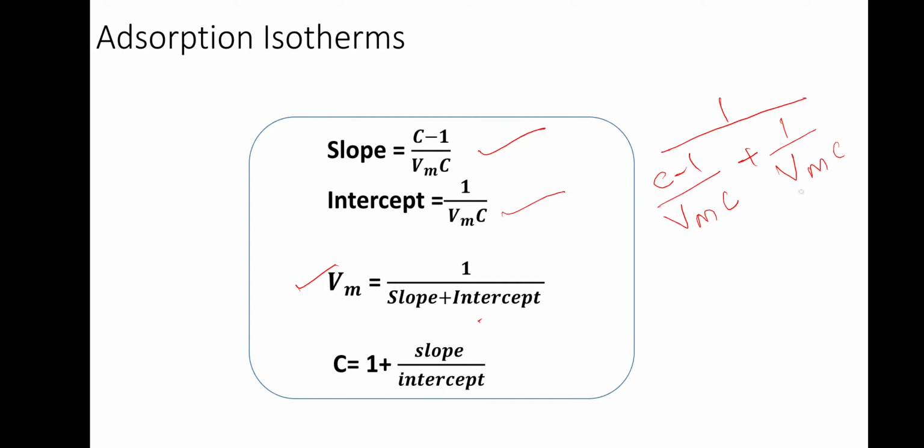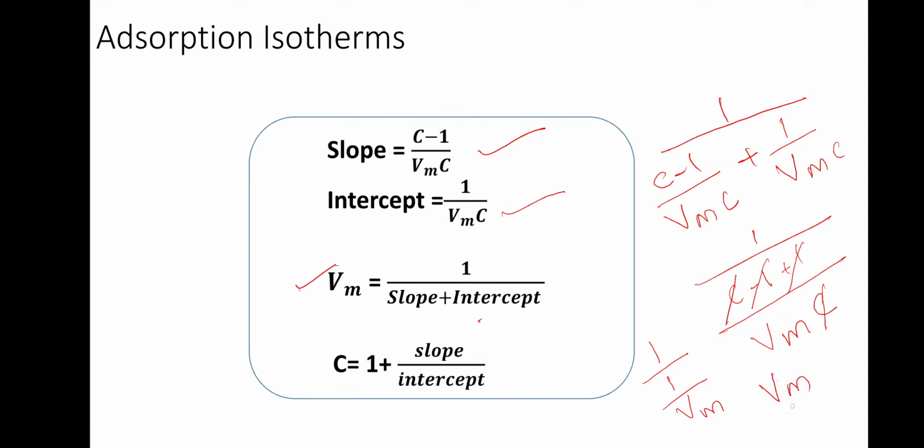The denominators are the same, so we can write 1 divided by (C minus 1 plus 1) divided by VmC. The minus 1 and plus 1 cancel, C and C cancel, so what you get is Vm. That is what we get.